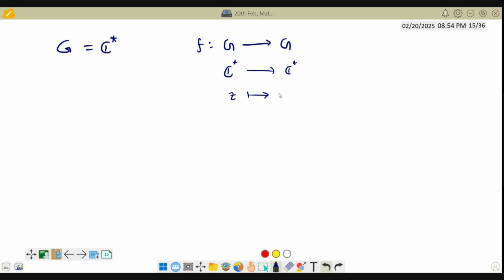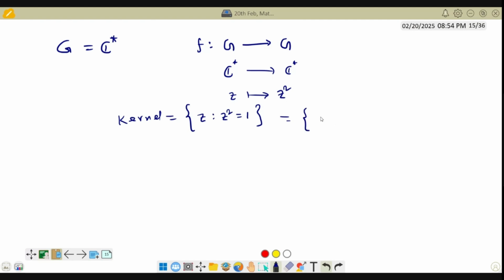Take the homomorphism z goes to z squared. What is the kernel? It's the unit circle? Sorry?